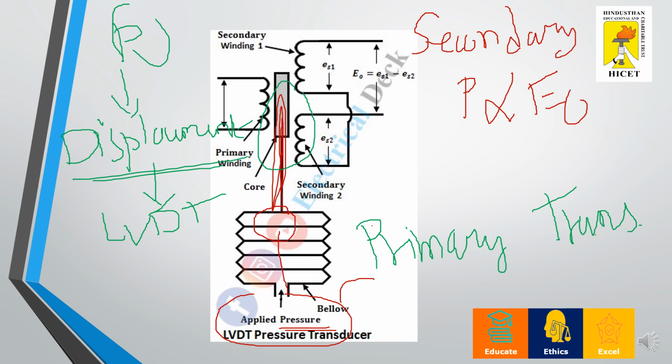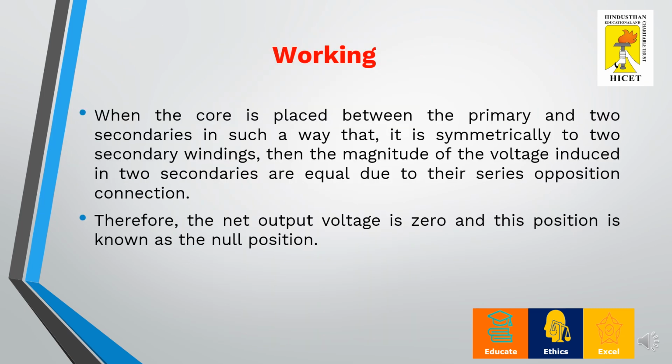Initially the pressure is converted into a displacement with the help of the bellow, so the bellow is my primary transducer. Now I have obtained an input to the core of the LVDT, and based on the displacement of the core with respect to the pressure, there will be a flux linkage and generation of a differential output. Hence the LVDT is called the secondary transducer. Hope this application part is clear to you. Now we will see the working.